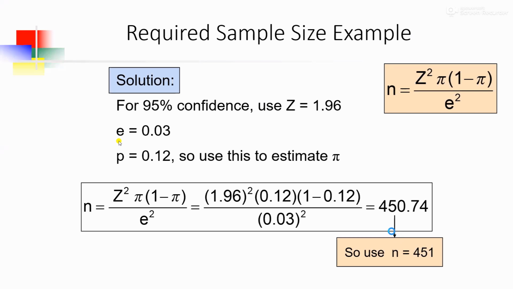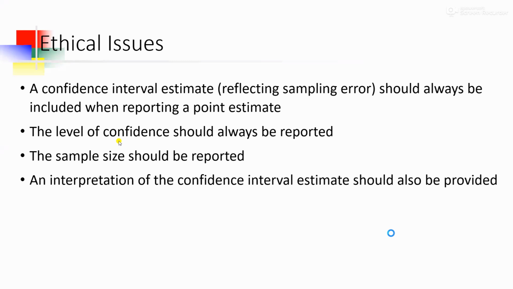So now we are almost at the end of this confidence interval estimation. So what are the ethical issues we are facing when we are estimating the population parameter? A confidence interval estimate reflects the sampling error, right?